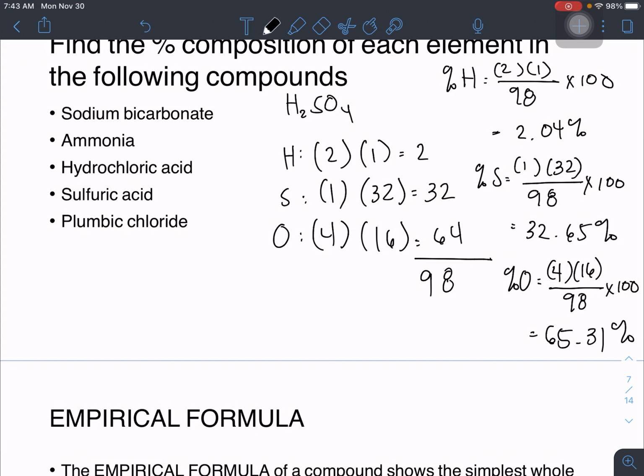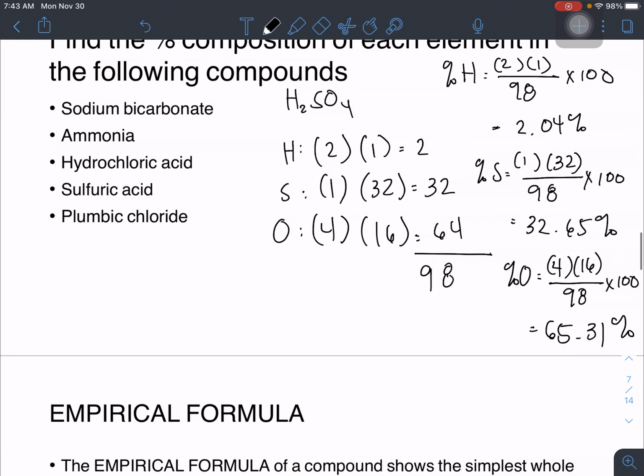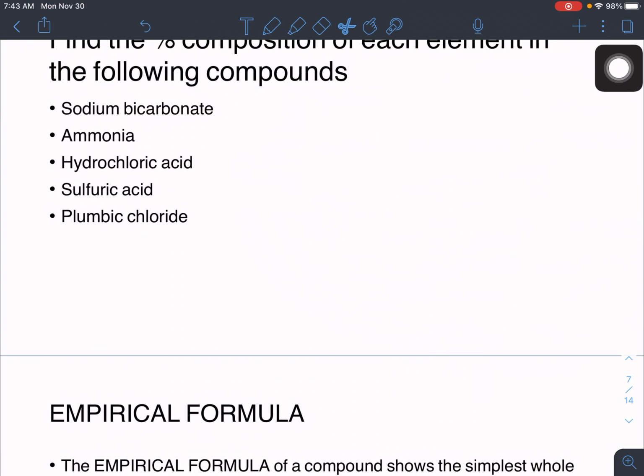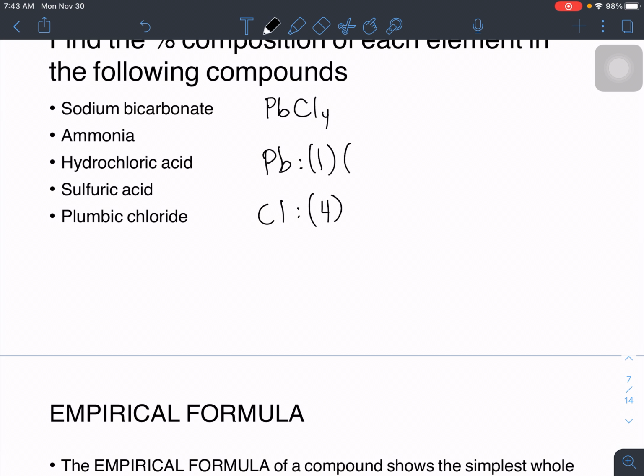Now let's have plumbic chloride. The chemical formula of plumbic chloride will be PbCl4. For Pb and Cl, there is 1 atom of Pb and 4 atoms of Cl multiplied by their mass number based on the periodic table.